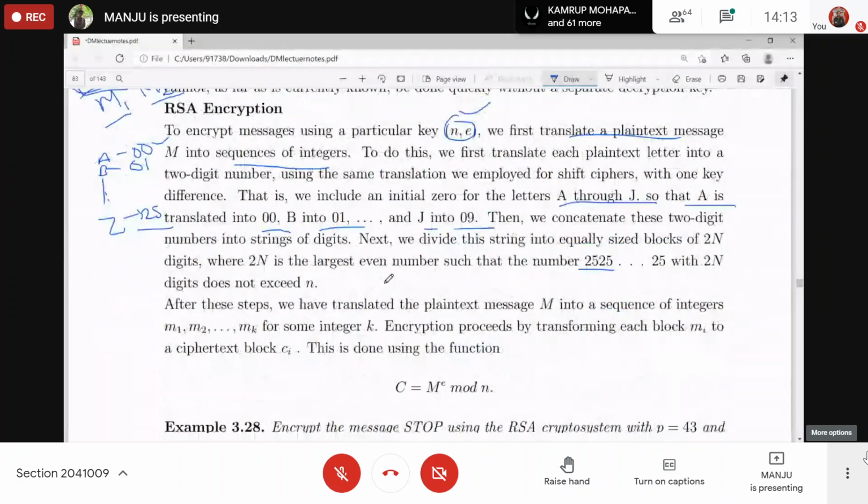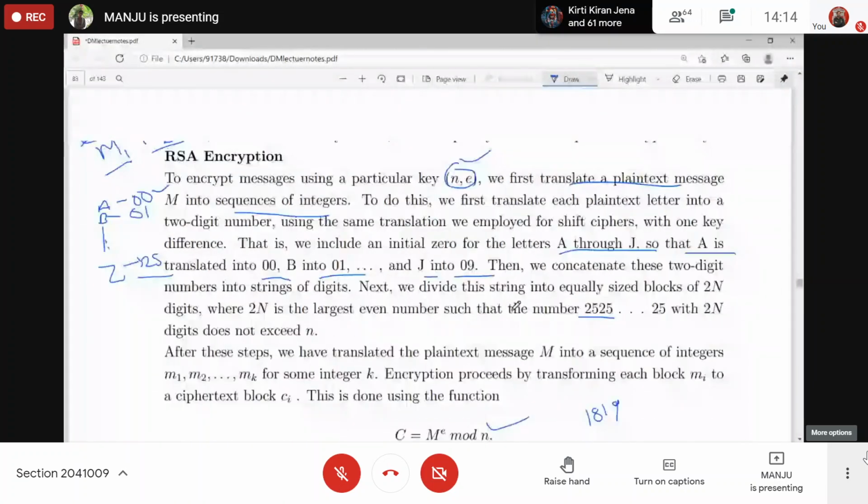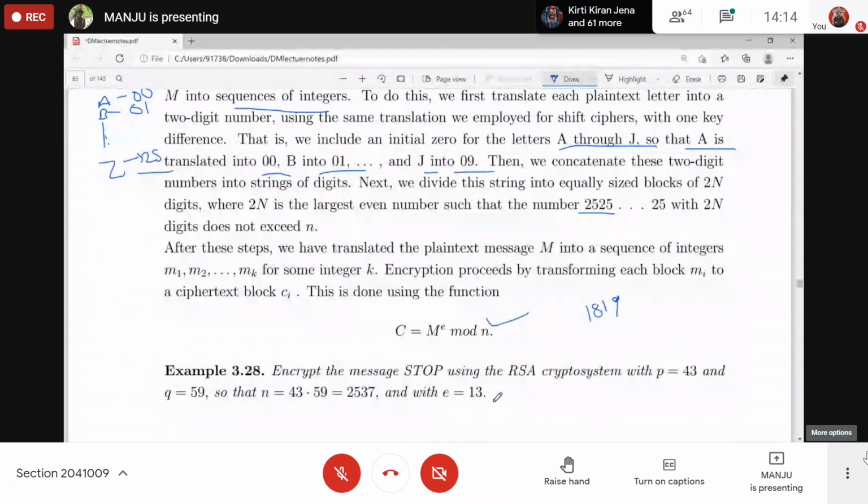Then we encrypt the message: we take M1, here 18, 19, and E will be given, for example E is 30. So raise it to the power E modulo N, where N is the product of two primes. Whatever the answer, we write as C1. That is the encrypted message.